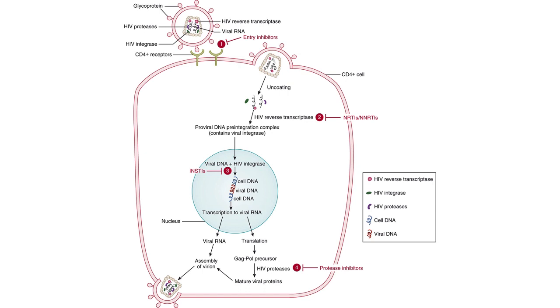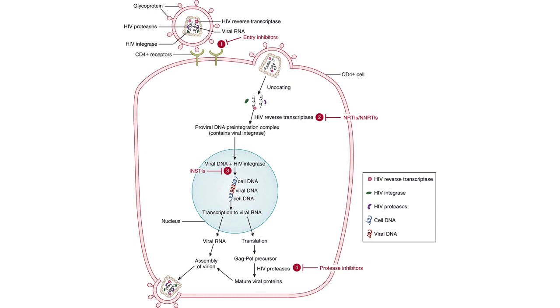Viral RNA at this step can be utilized in two ways. The viral RNA can become the viral RNA of the progeny virus, or that viral RNA can exit the nucleoplasm and be converted into proteins. These proteins, initially through translation, are not yet mature. They are long proteins, and for them to become mature, we need to cleave some of these peptides to form mature, smaller viral proteins.